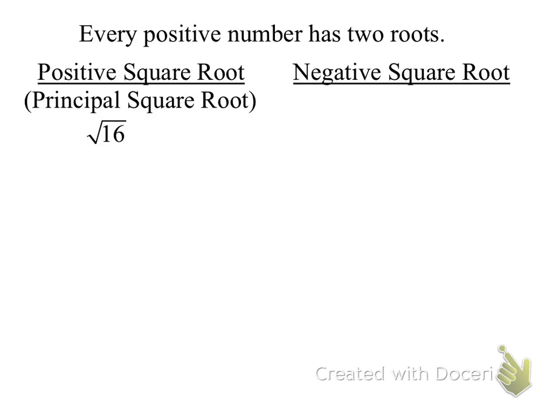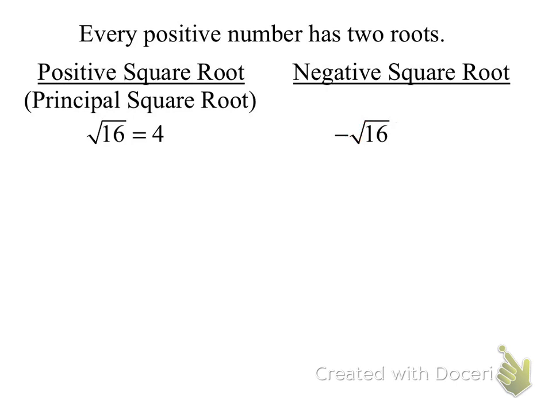So we have the positive square root, the principal square root, and we have the negative square root. How we show that is with a negative on the outside of the radical. This little sign here is what we call a radical.